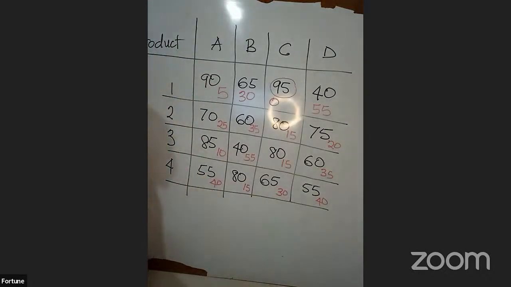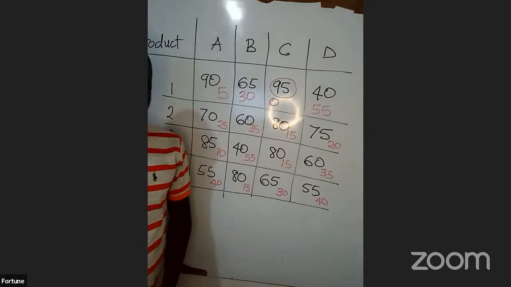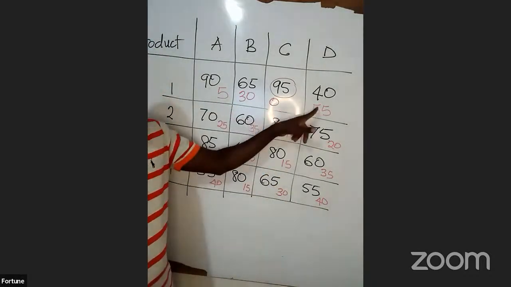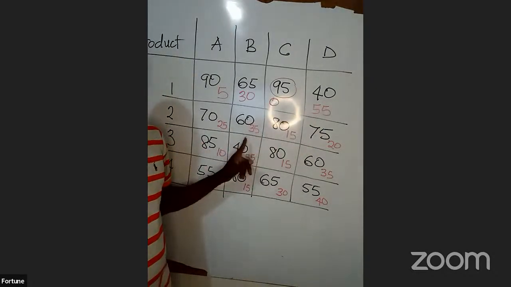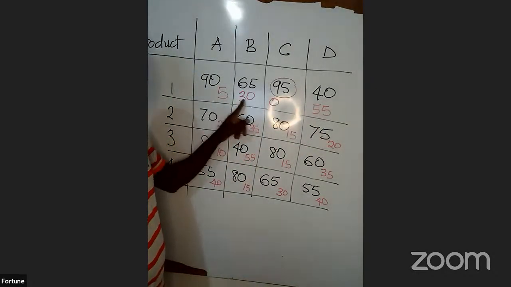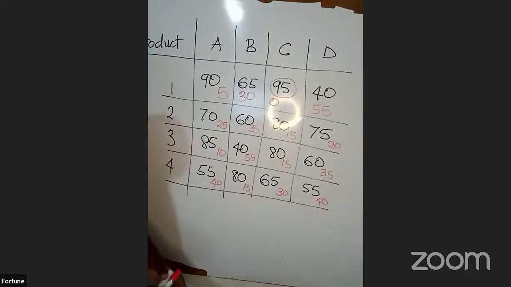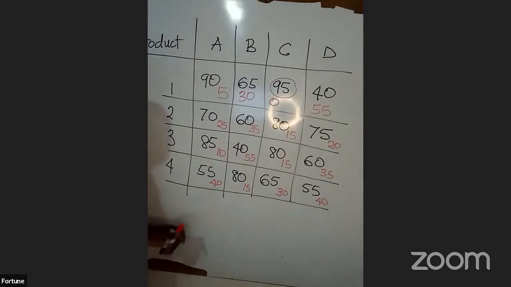Now we're going to prepare a new tableau using the values in red. So we're going to use these values in red instead, right? And so let's do that.